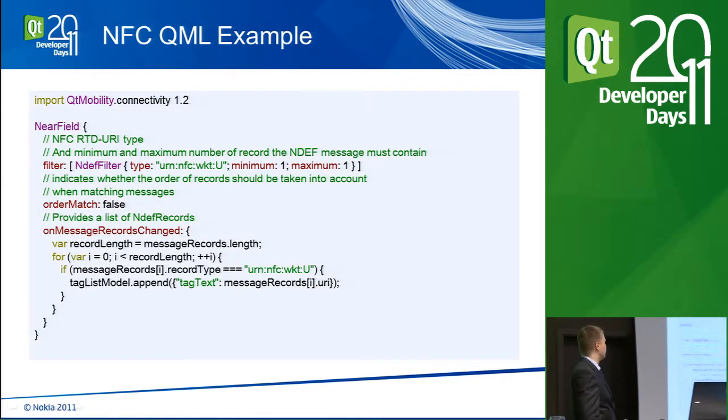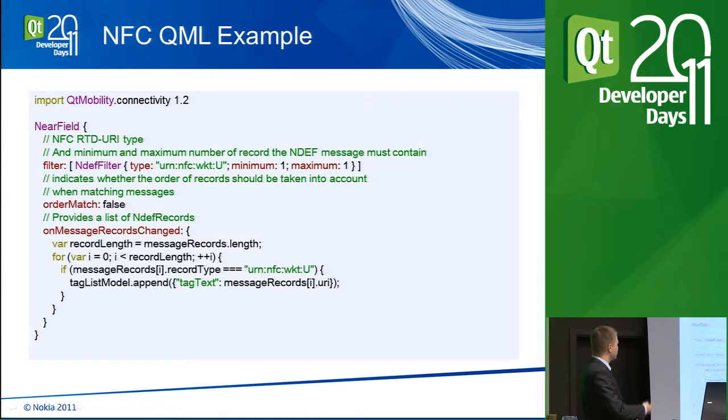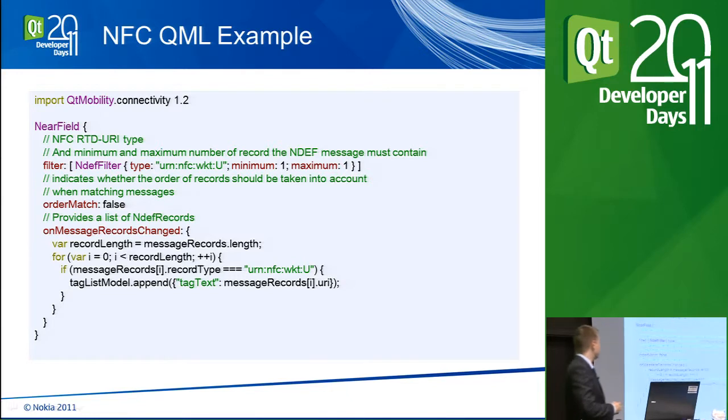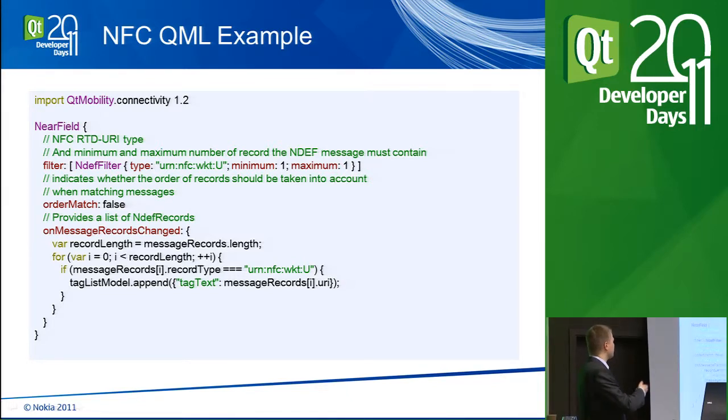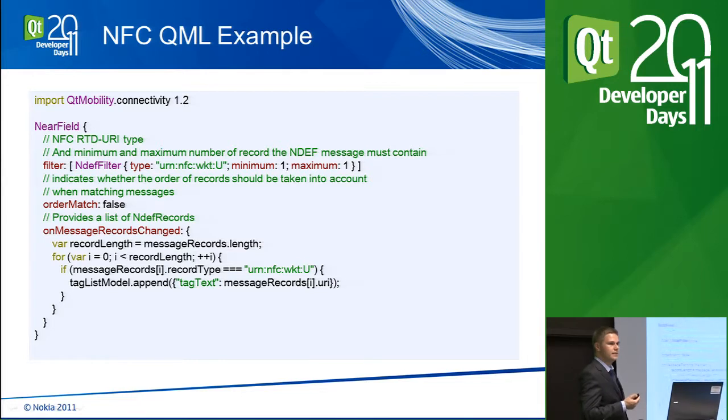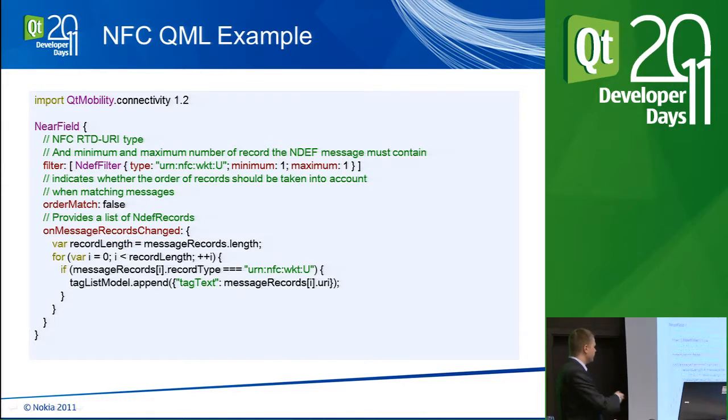But let's go to an example. In this example, we instantiate a simple near-field element. We can implement certain filters for limiting what information and how much information we want to receive. And then, once again, we have a signal handler.